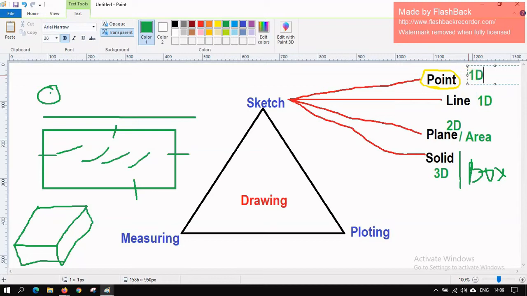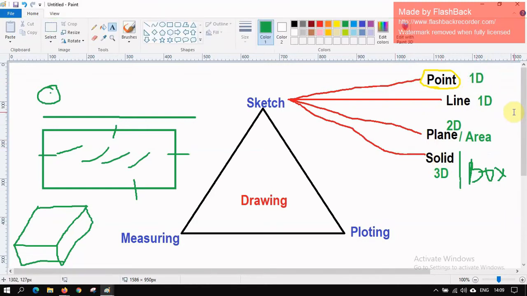What do you mean by 1D? One dimensional. Line means one dimensional, plane means two dimensional, and solid is three dimensional. Is that entirely clear? Or if you have any query, you may ask me.